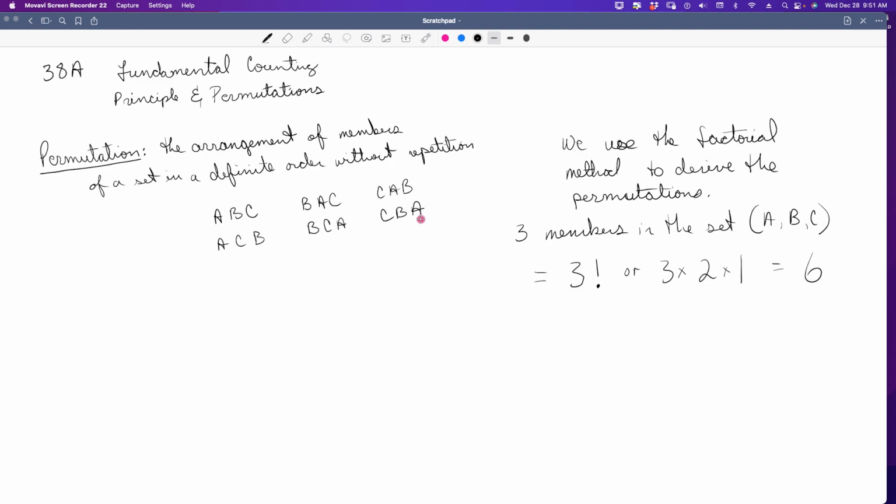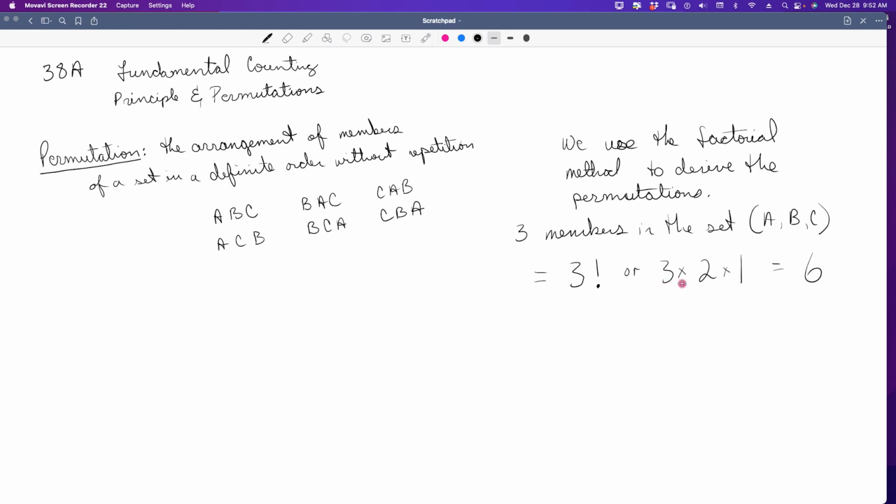Now we can use the factorial method to derive the number of permutations without having to write them all out like this. We only have to count the number of members in the set. So in ABC, there's 3 members in the set, and we use our factorial button, or 3 factorial, 3 exclamation point, which ultimately is just starting with whatever number we have for the members in the set and multiplying it by the next factor, which is 1 less than that.